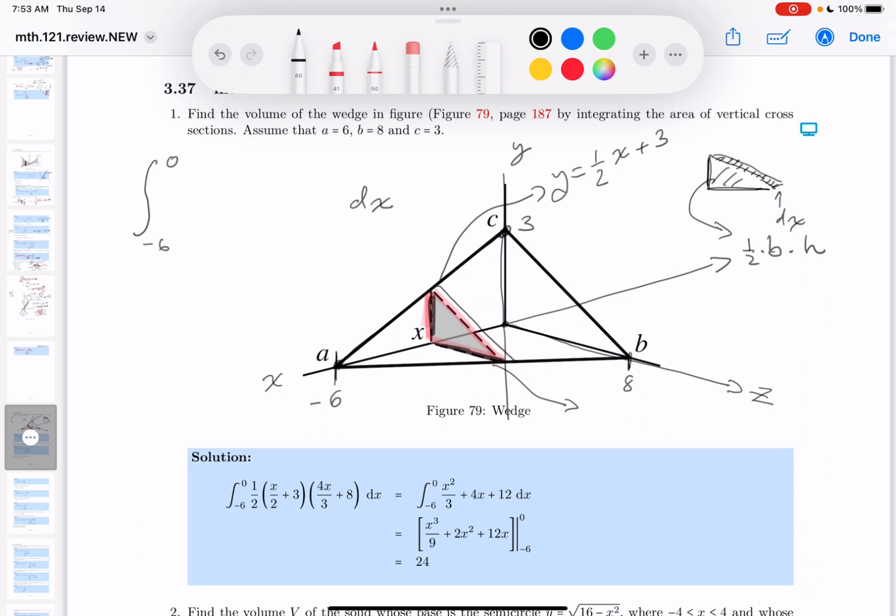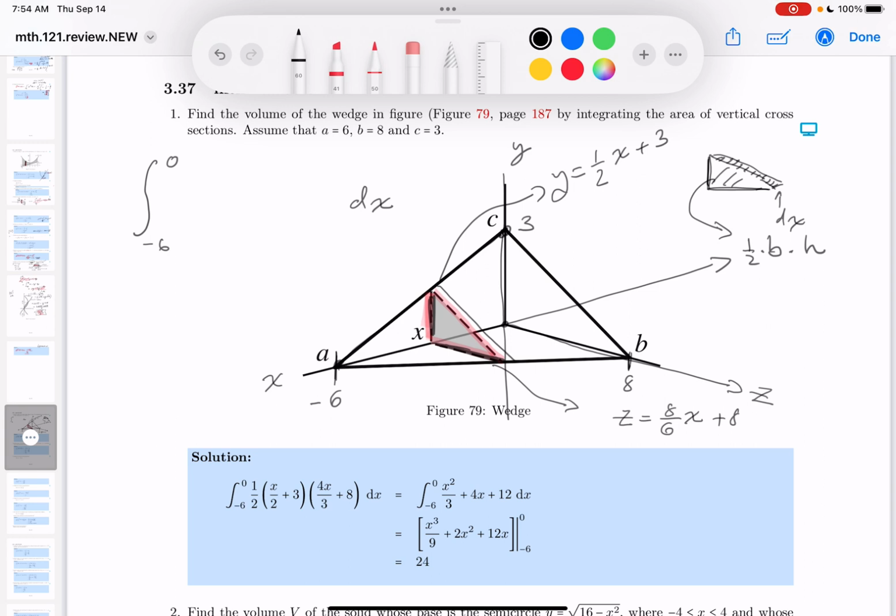And let's take a look at that. That would be 8 over 6. So I'm going to say, z equals 8 over 6 times x. And then the z-intercept there, and it looks strange to you, is just 8.